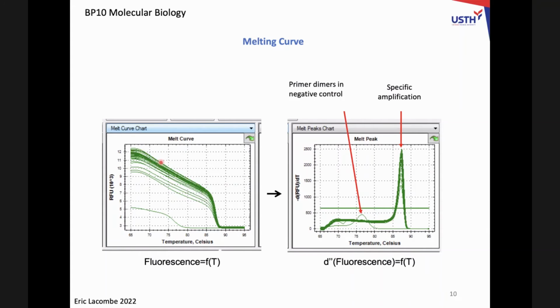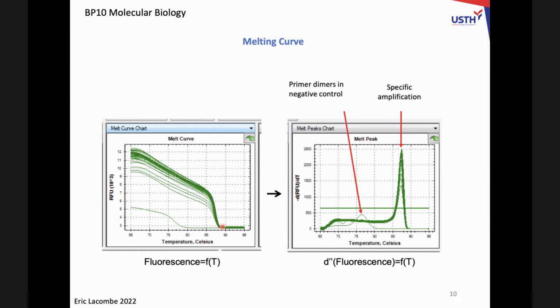This decrease is linear, and you arrive at a point where there is a big drop in the fluorescence in the tube. That point is where all the molecules that were double-stranded, so all the PCR product, are now single-stranded, completely denatured.